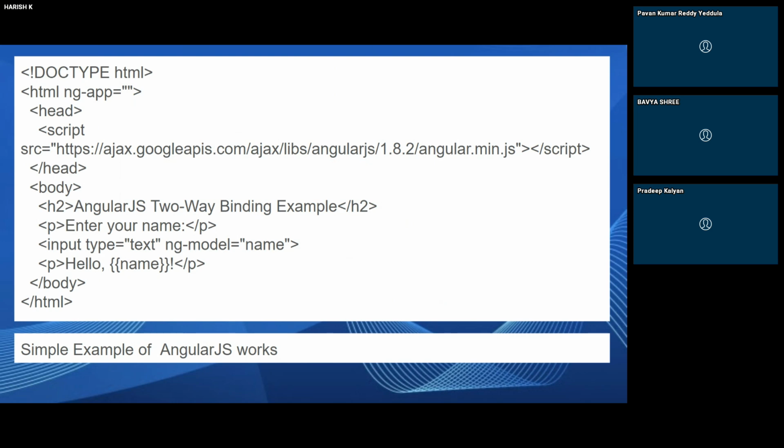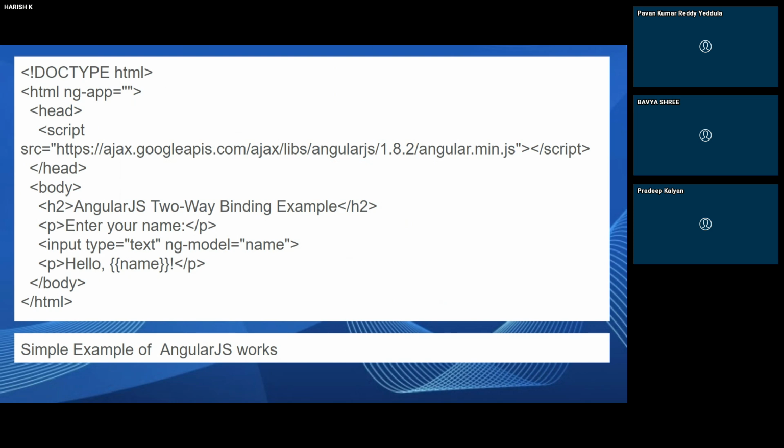So you can see the HTML code, right? Can you see this HTML code? The ng-app directive, which is present here in the HTML tag, is used to initialize AngularJS for the entire web page.